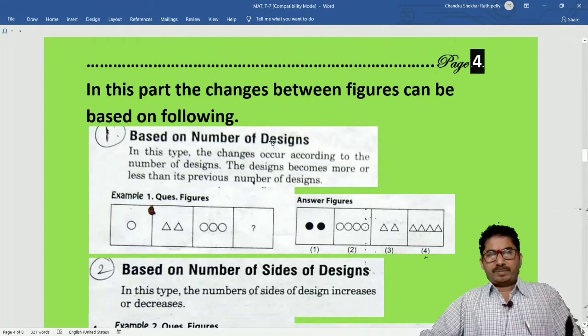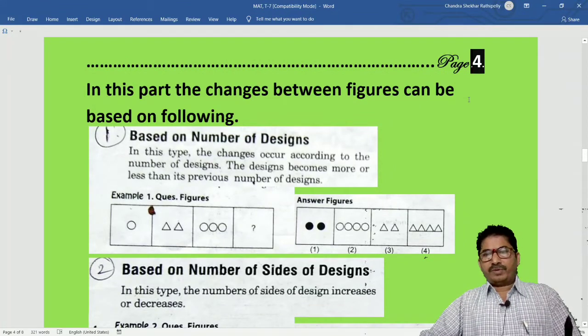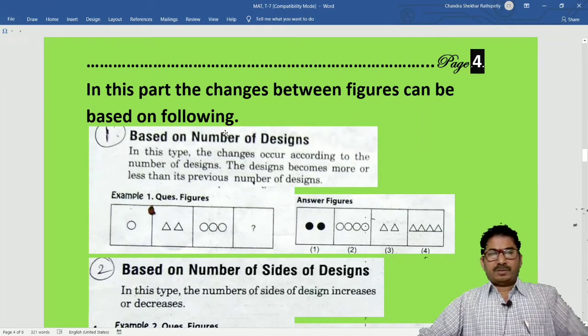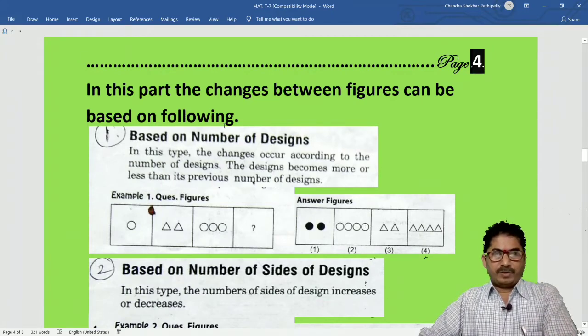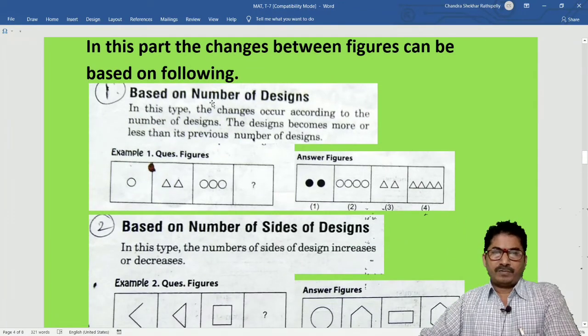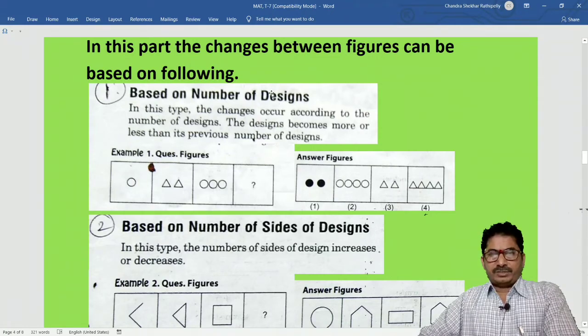In this part, the changes between figures can be based on the following. Here we have some more concepts to identify series figures. Based on number of designs. In this type, the changes occur according to the number of designs. The designs become more or less than the previous number of designs.